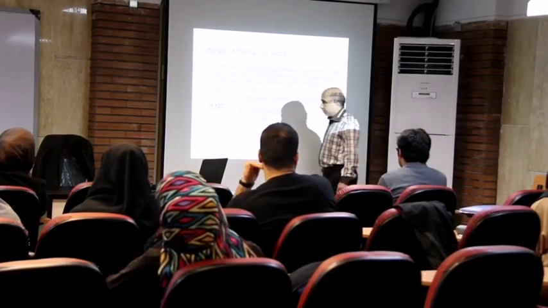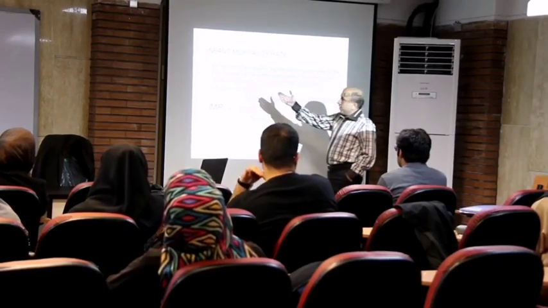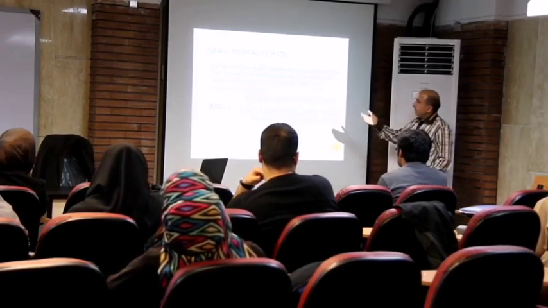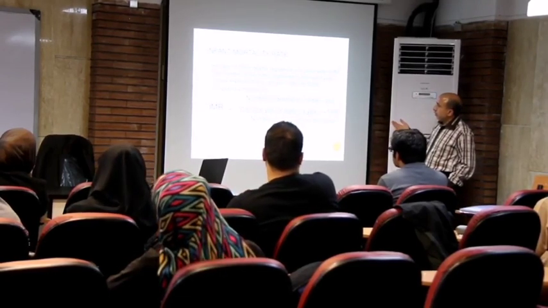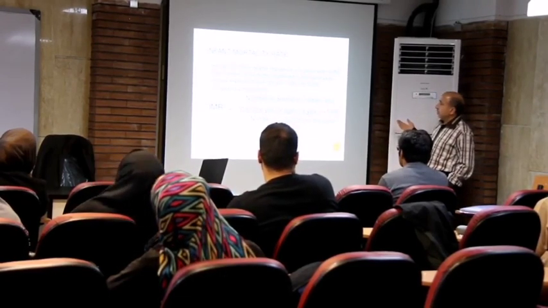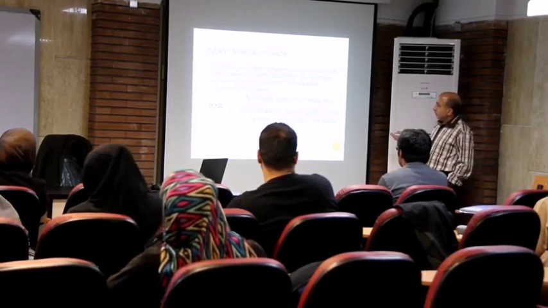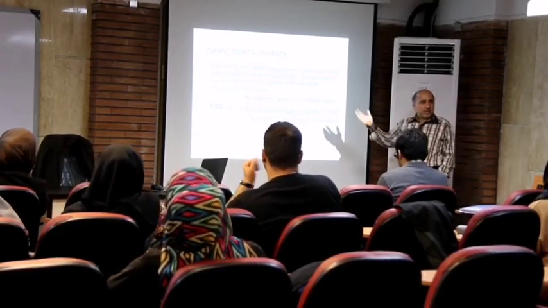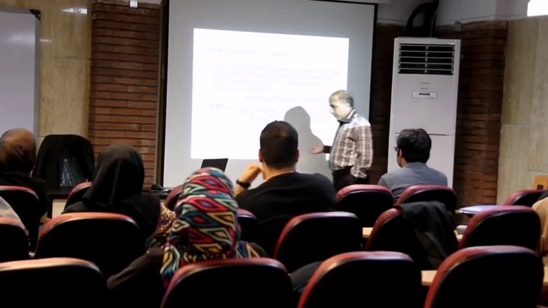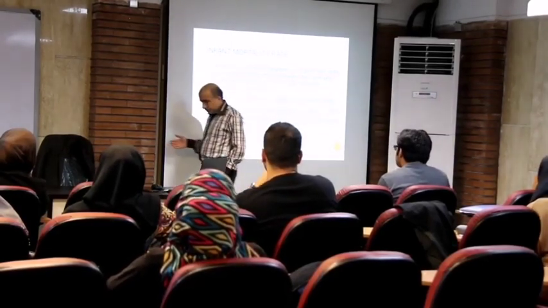So here we say the ratio of infant deaths registered in a given year to the total number of live births registered in the same year, usually expressed as a rate per 1,000 live births. Is it clear? Yes. Thank you very much.